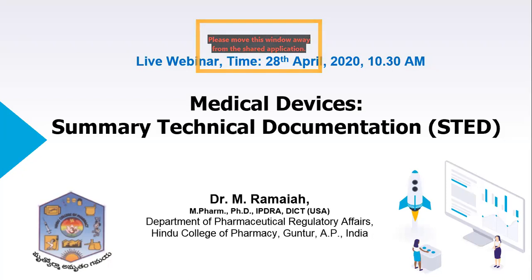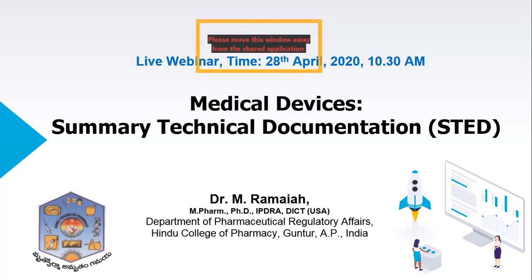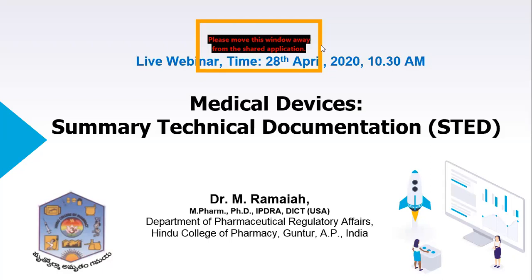Right. So, like pharmaceutical products, where the DMF can be submitted in ECTD format, for medical devices the technical information to get approval from the government or a particular regulatory authority can be submitted in the form of a STED, the summary technical documentation.